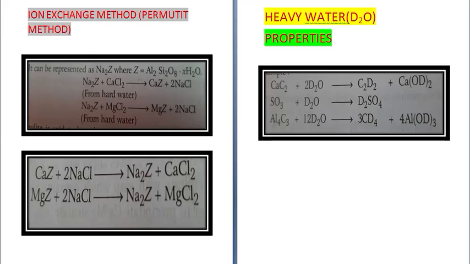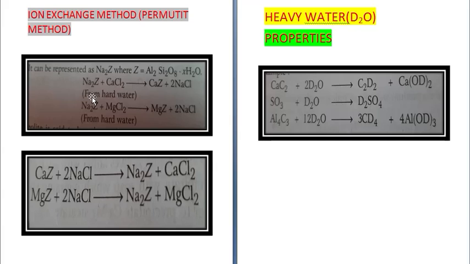It can be represented as Na2Z, where Z is Al2Si2O8.xH2O. Okay, Z is Al2Si2O8.xH2O, and you combine it with Na2, so it becomes Na2Al2Si2O8.xH2O. This is a zeolite.